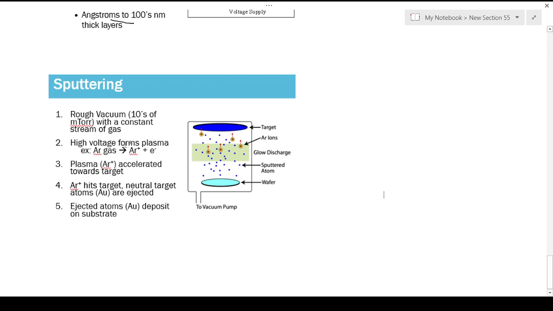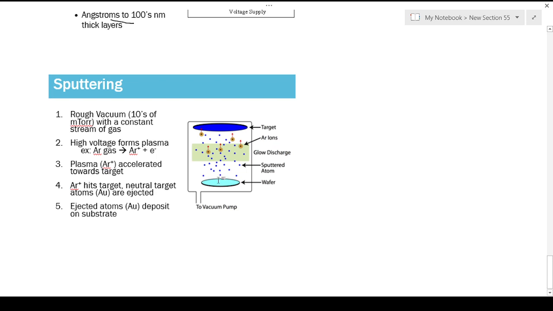Once the vacuum is created inside the chamber, we will be introducing argon gas, and applying a high voltage plasma. This wafer means the material you want to deposit. This material will be placed over this wafer, or the wafer itself is the material.